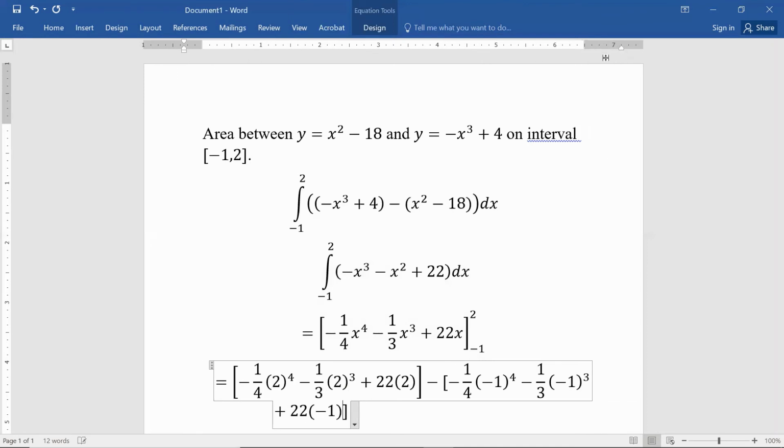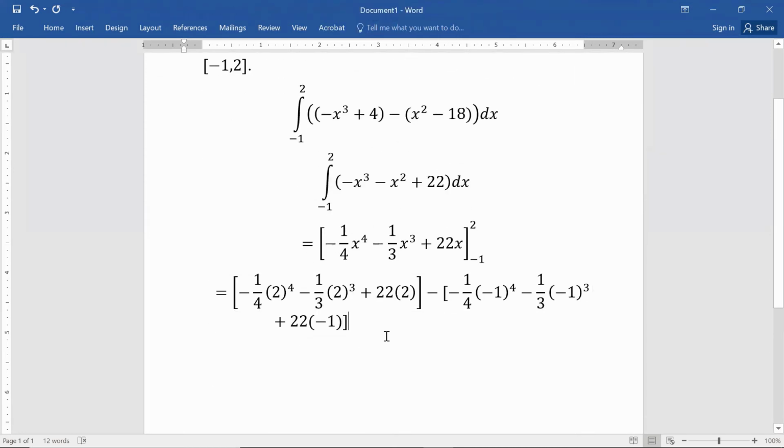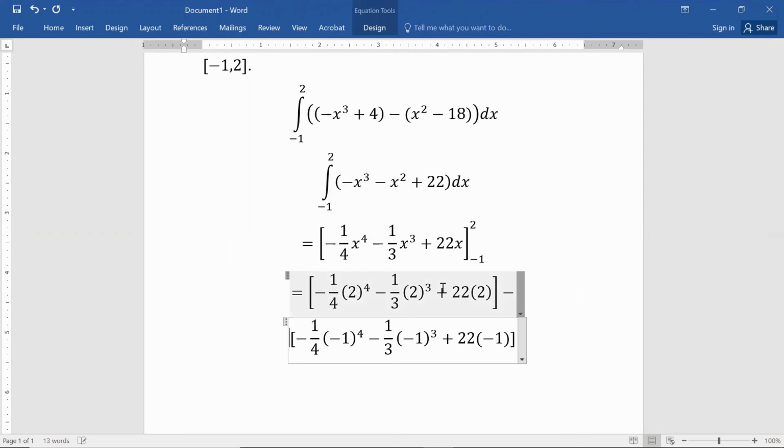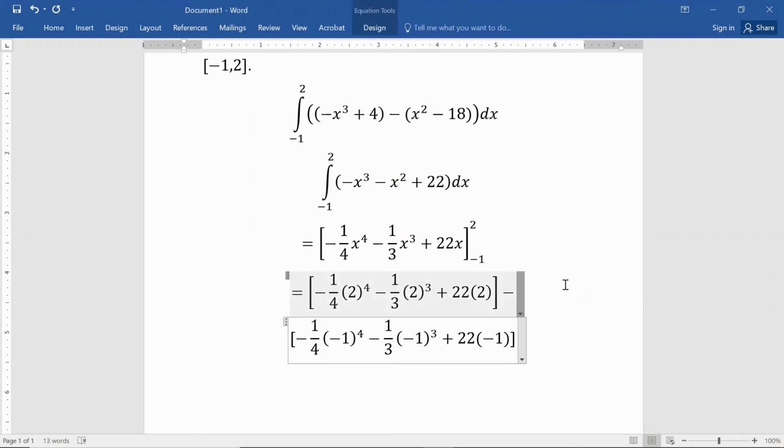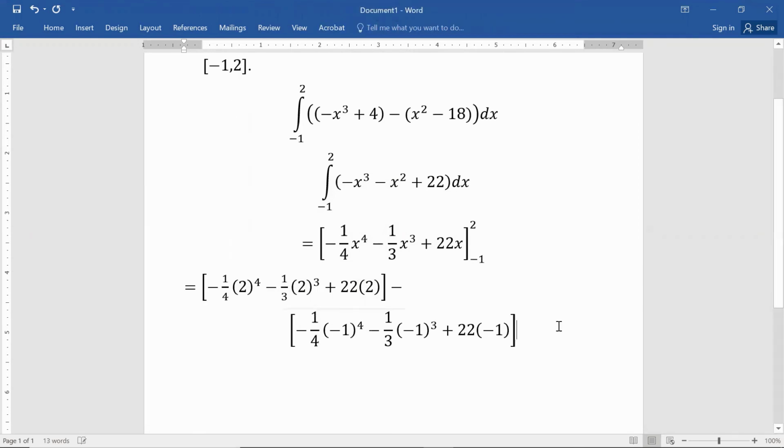No, couldn't do it. So there it is. It looks a little bit ugly. Maybe this will look a little bit less ugly if I do something like this. I don't know if that helped or not. Maybe that hurt the look of it, but it's just the look of it.